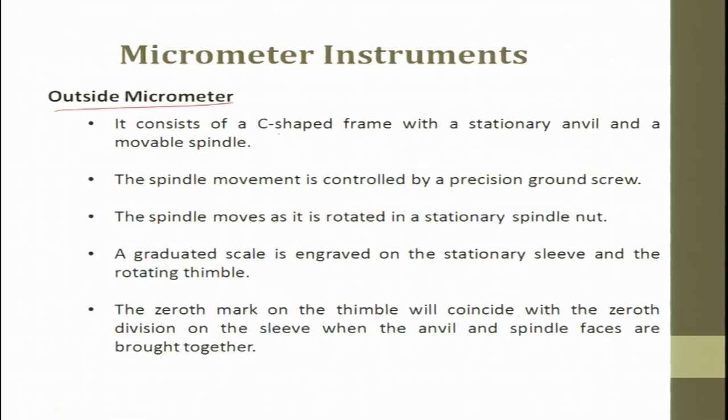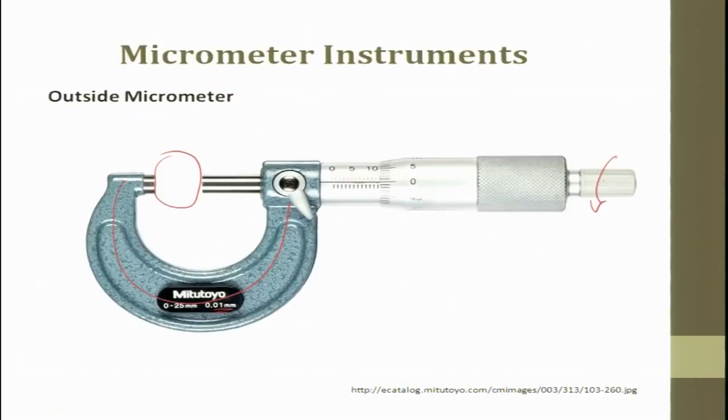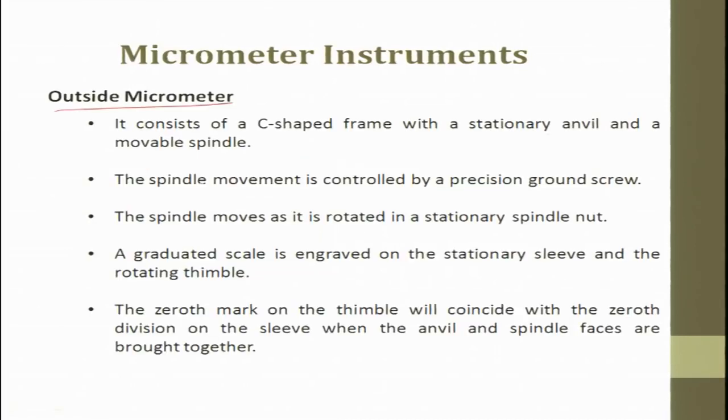So, it consists of a C frame with a stationary anvil and a moving spindle. This is the stationary anvil and this is the moving spindle. The spindle movement is controlled by a precision ground screw. The spindle moves as it rotates in a stationary spindle nut. The graduated scale is engraved on the stationary sleeve and a rotating thimble.